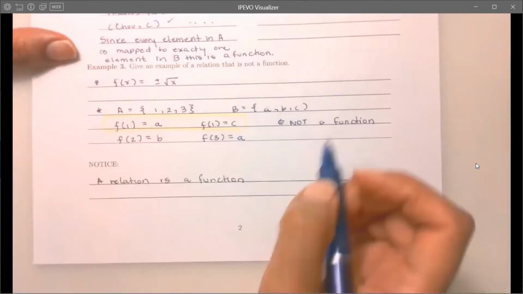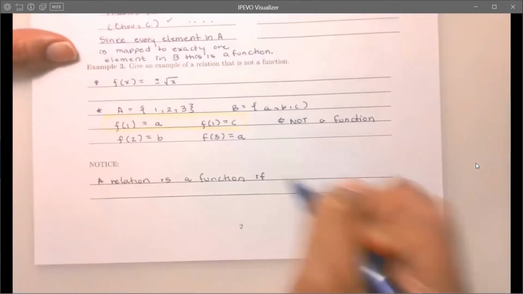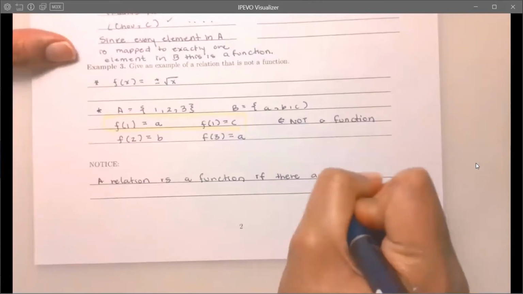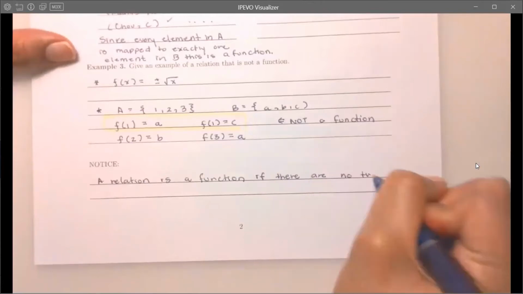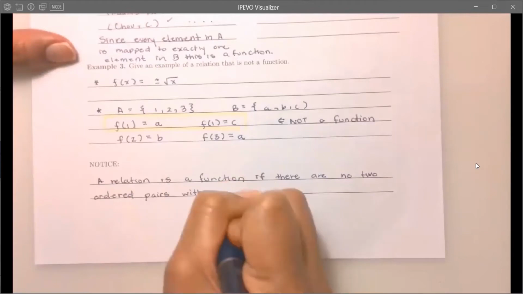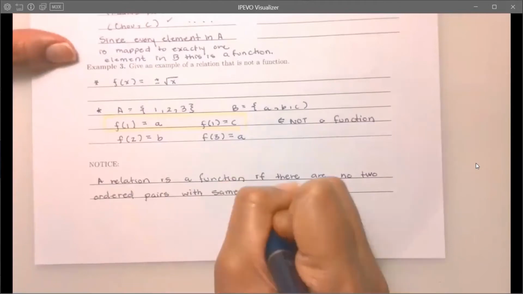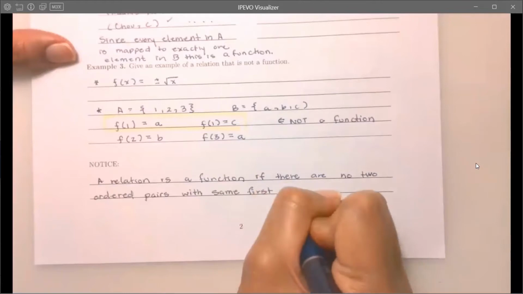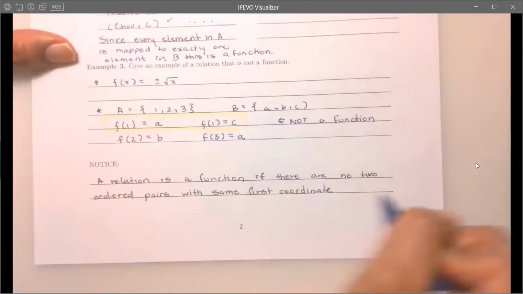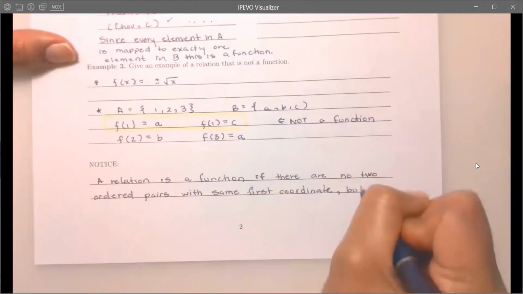So a relation is a function if there are no two ordered pairs with the same first coordinate but different second coordinate.